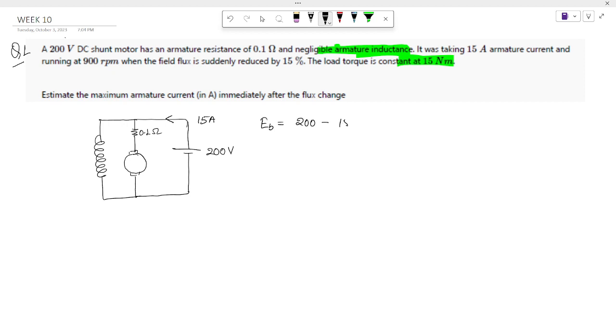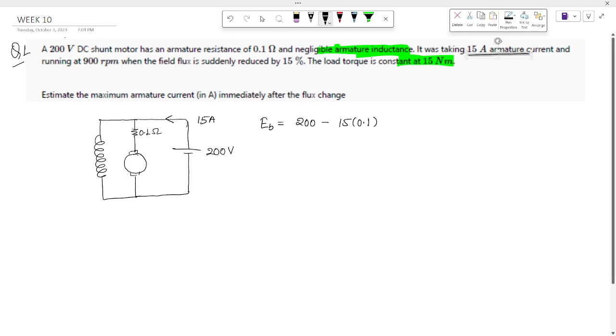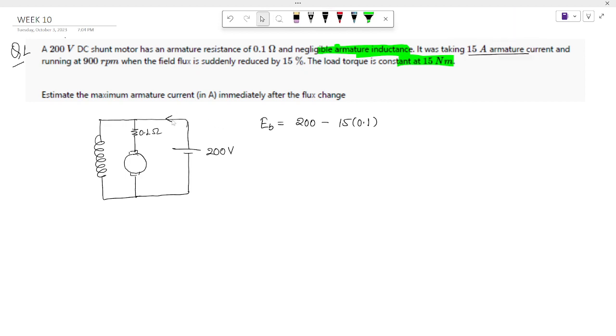Field resistance is given, not 50, sir. Sorry, 15 is the armature current, not the supply current. Okay, so EB is 200 minus 15 into 0.1, that is 198.5 volt.